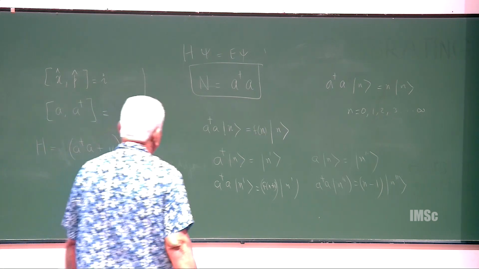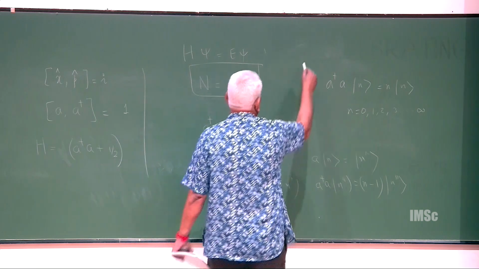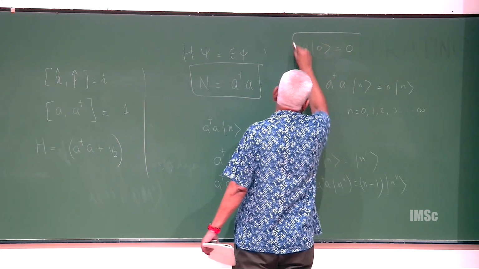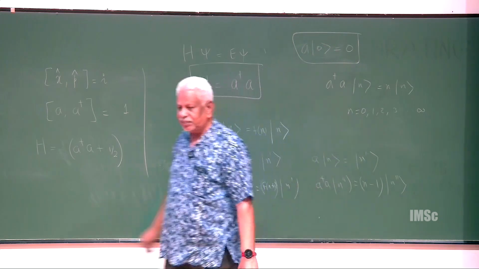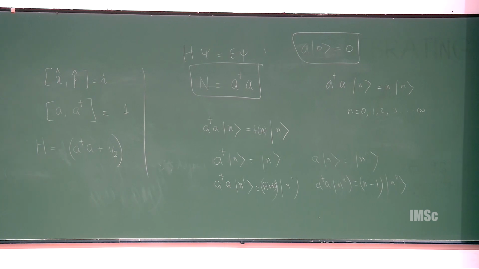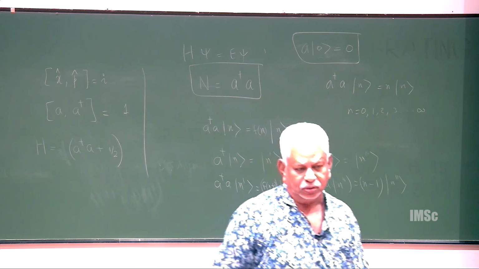So A acting on 0 gives you 0. It kills it. People will call it a vacuum state or ground state, the lowest state. You cannot go below that. Okay, that is the ground state, A acting on 0.